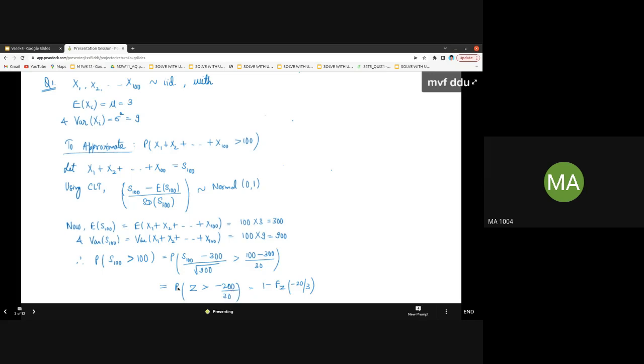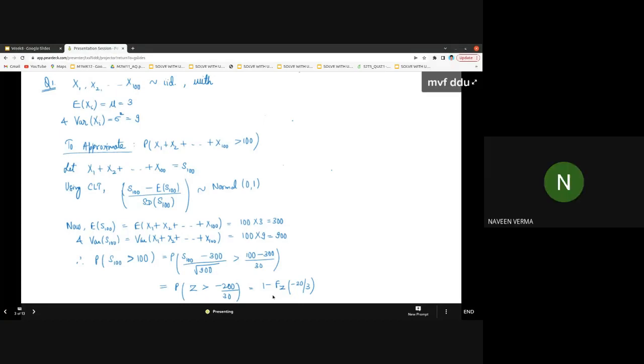So the probability that Z is greater than minus 20 by 3 will be equal to 1 minus the probability that Z is less than or equal to minus 20 by 3. In terms of CDF, we can write it as Fz of minus 20 by 3. So the answer will be 1 minus Fz.